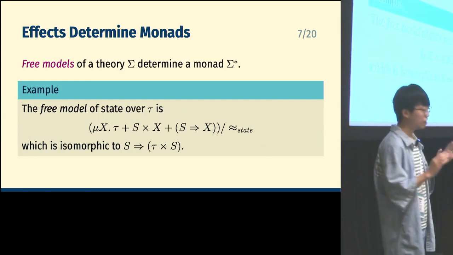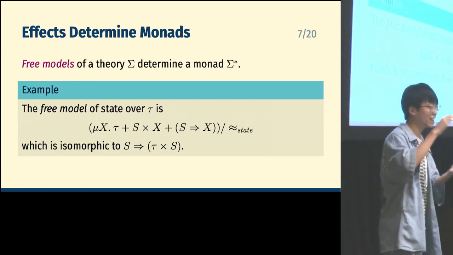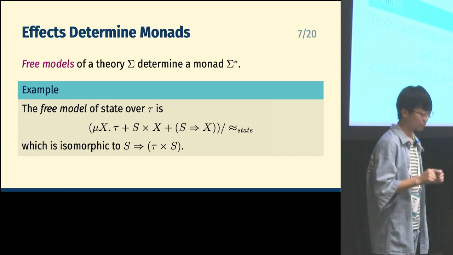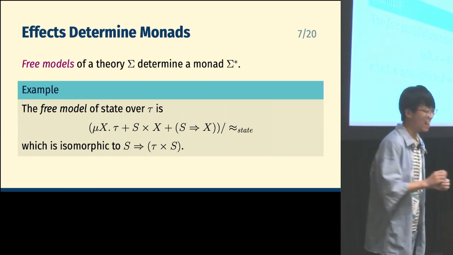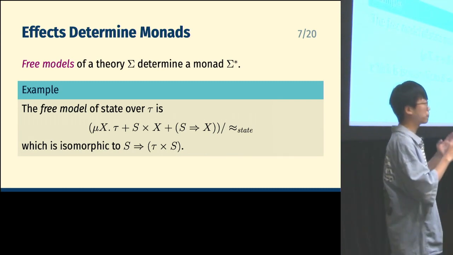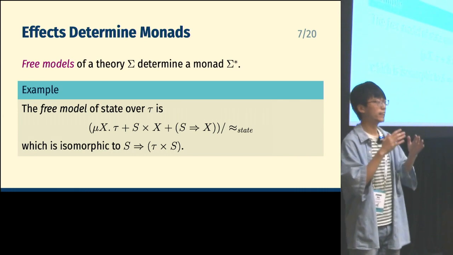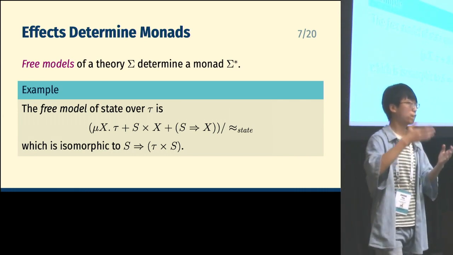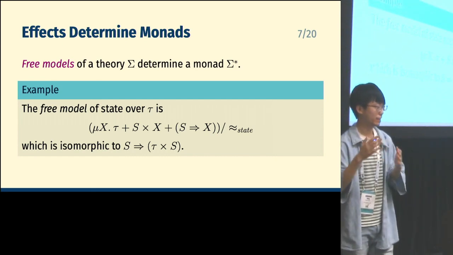And moreover, when the underlying type theory satisfies certain conditions, which I'm going to sweep under the rug for this talk, every algebraic theory has free models, which are intuitively just syntactic terms of the operations from the theory quotiented by the equations from the theory.